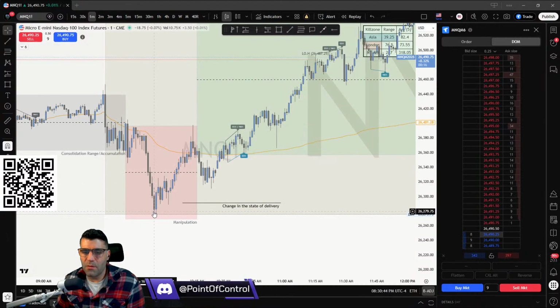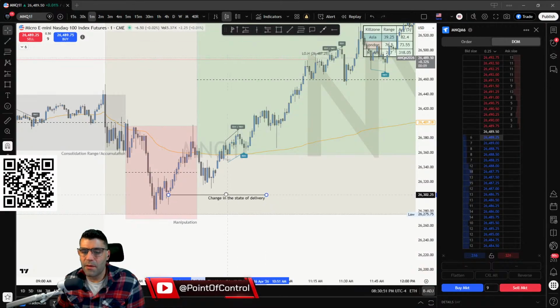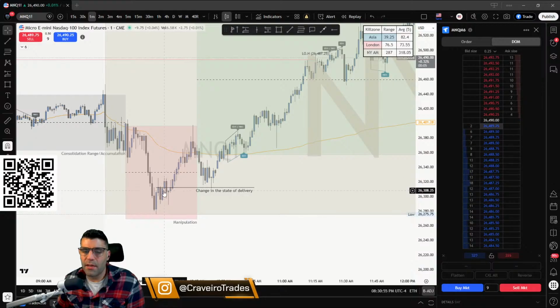We have a lower low, we create a lower high, but now we've created a higher low. And then, boom, a higher high. And we need to see the candle body close above this level.